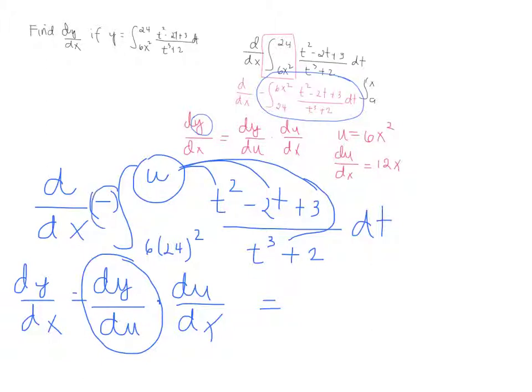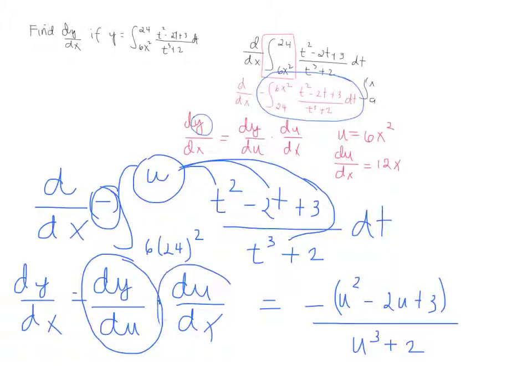So take note, there is still the negative, so you have u squared minus 2u plus 3 everything over u cubed plus 2. But there is a du over dx, which is equal to 12x. So you have to multiply this by 12x.